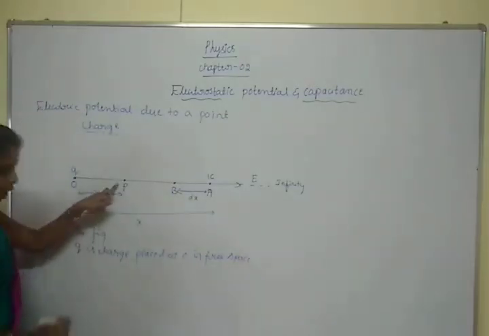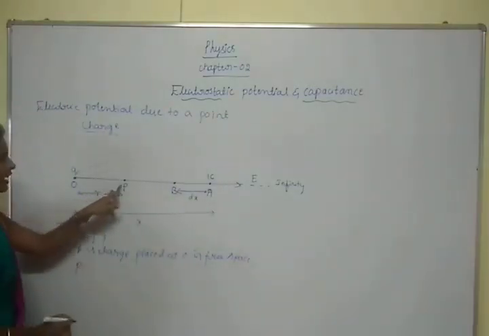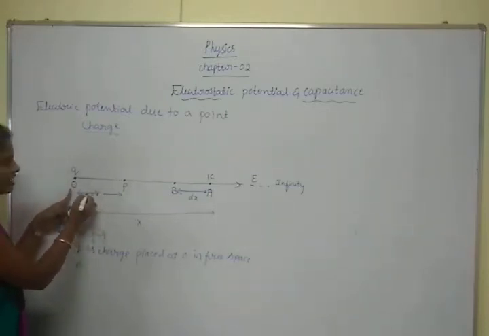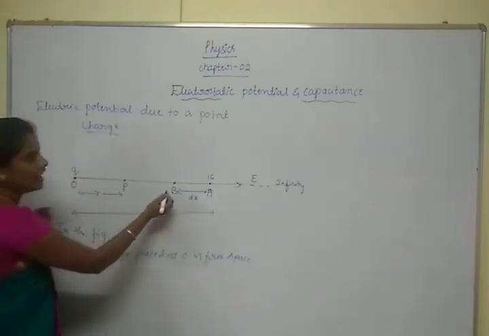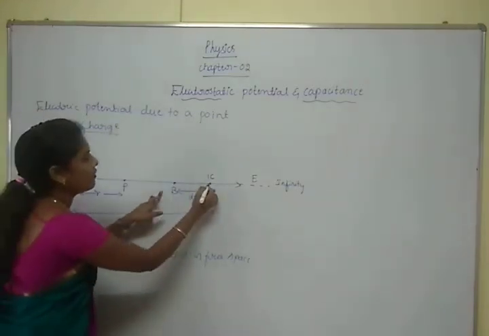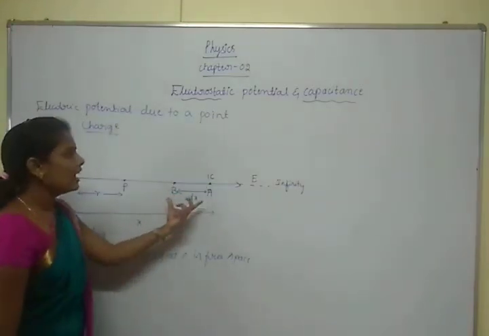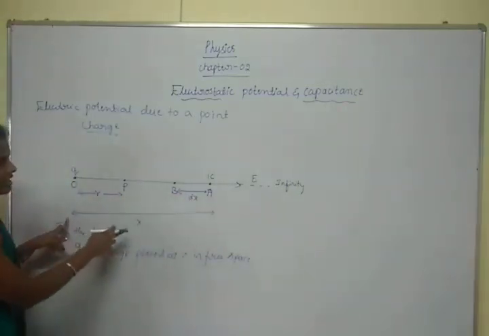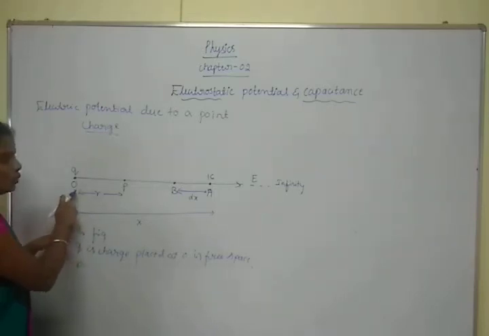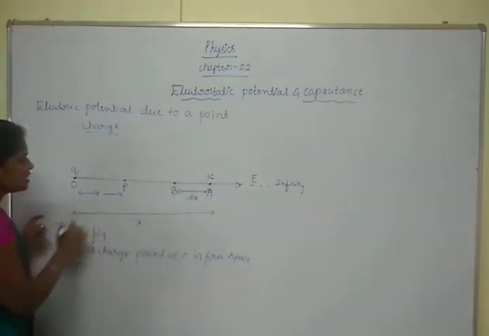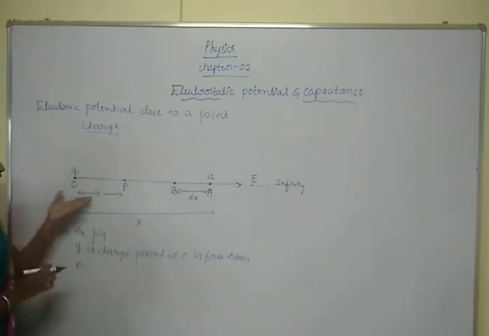P is a point in an electric field at a distance R from O, and A and B are two points in the electric field separated by a distance dx, and x is the distance from O to the plus 1 charge. These are the attributes of this figure.